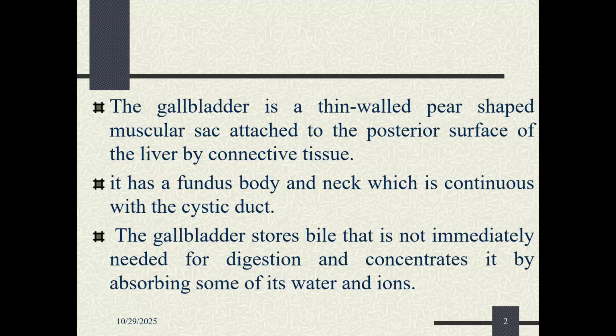The gallbladder stores bile that is not immediately needed for digestion and concentrates it by absorbing some of the water and the ions. So this is just the introduction, where we are trying to describe what the gallbladder is.